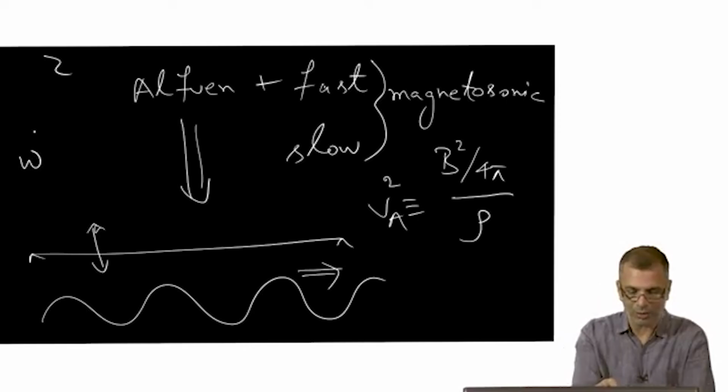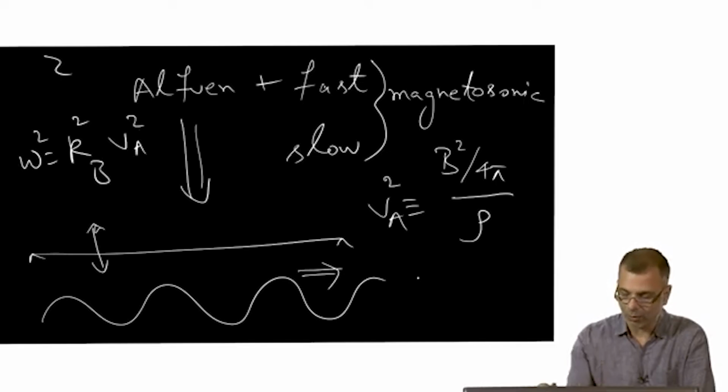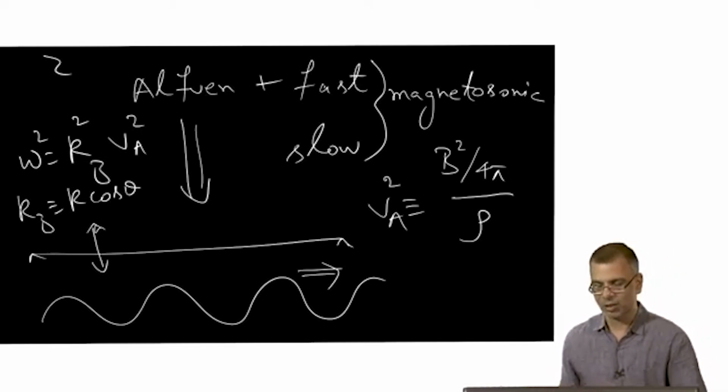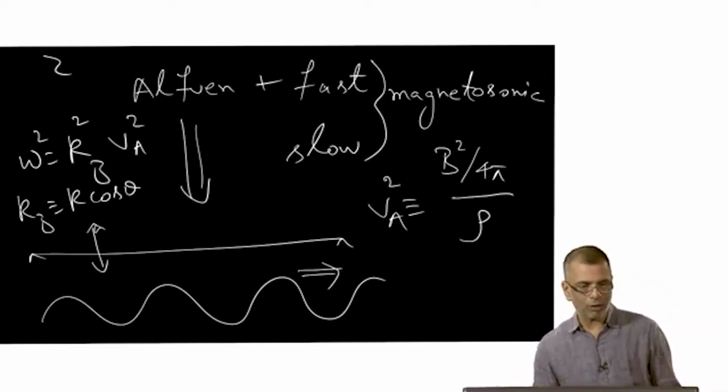The dispersion relation is omega squared equals kz squared VA squared, where kz is essentially k cosine theta. Theta is the angle between the k vector and the direction of the magnetic field. So that is true for the Alfvén wave also: the propagation is anisotropic, the theta matters.